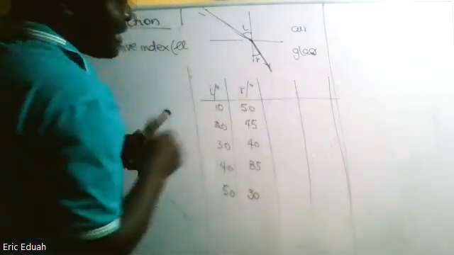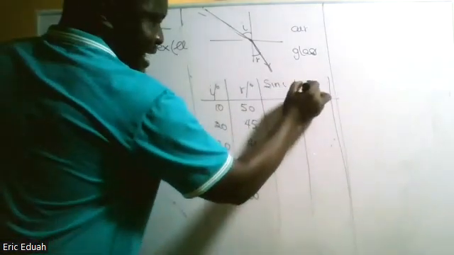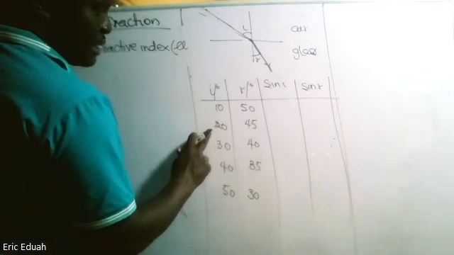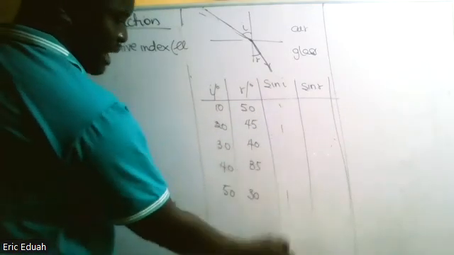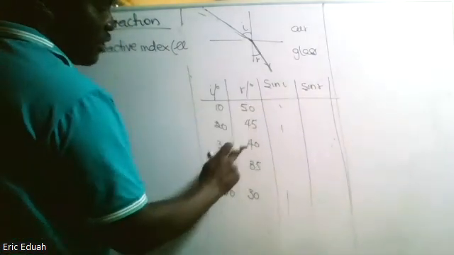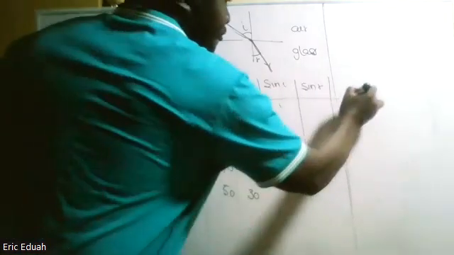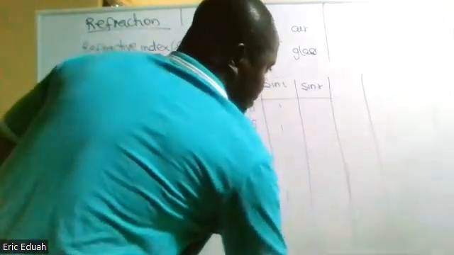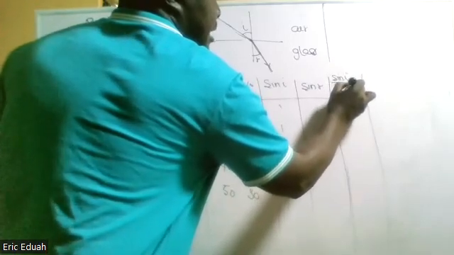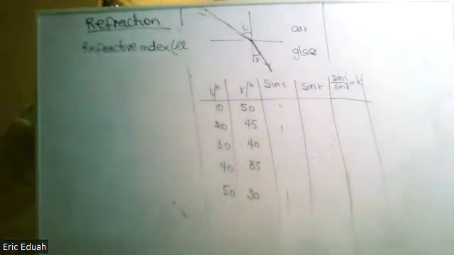Now, whenever I take sine of I and sine of R, so sine 10, sine 20, sine 30, sine 40, these are values that I'll be recording here. Then sine R, which is the sine of 50, 45, 40, 35, 30, and on. When I take the ratio of sine I on sine R, it should give me a certain value, which I'm calling a constant.